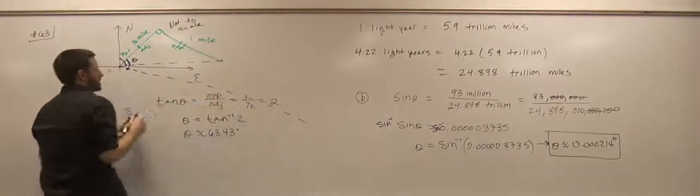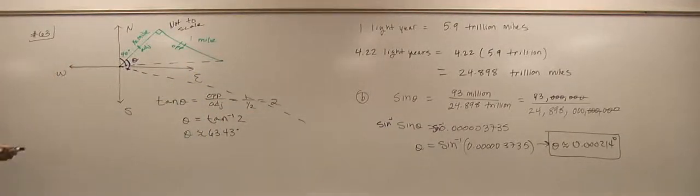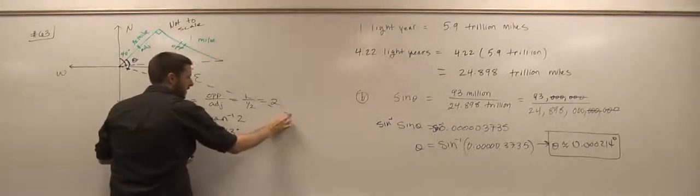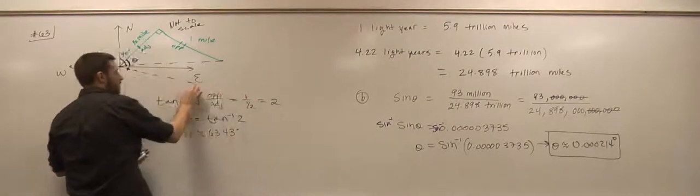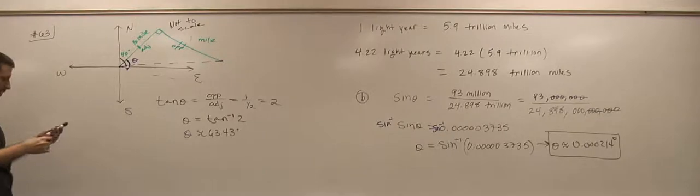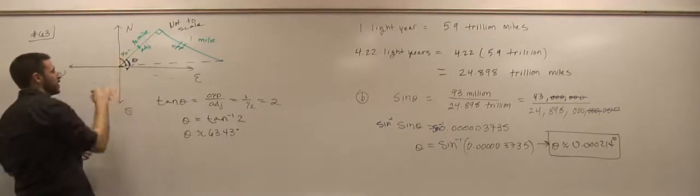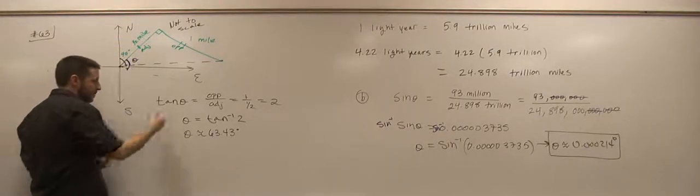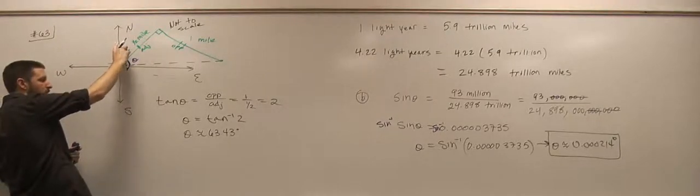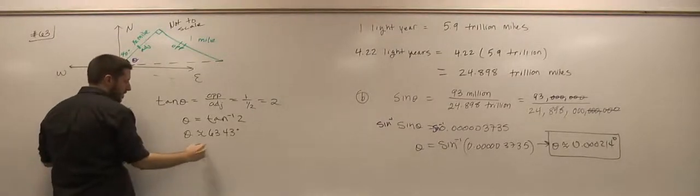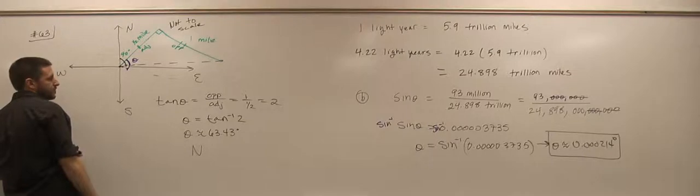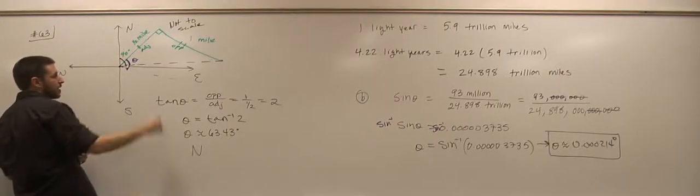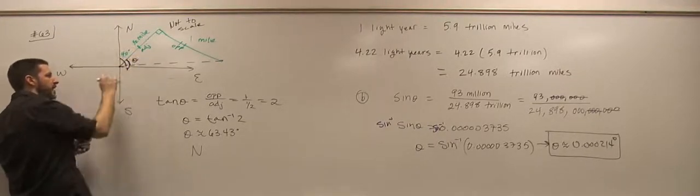So then would we start from south to write down the bearing? Now, I'm not going to be super picky here. I'll take either bearing. There are two ways to do the bearing here. Either you can start from north, like I originally planned to do, and if you start from north, how far would you have to go to the east? You'd have to add the 40 to theta to get your bearing.